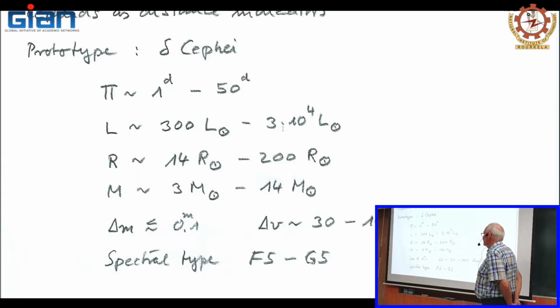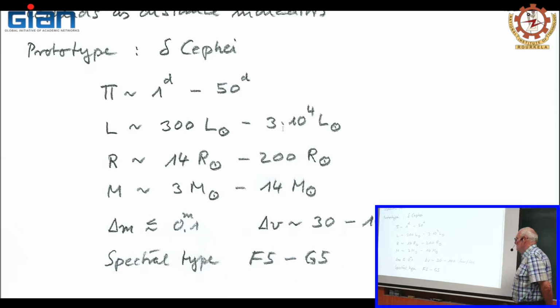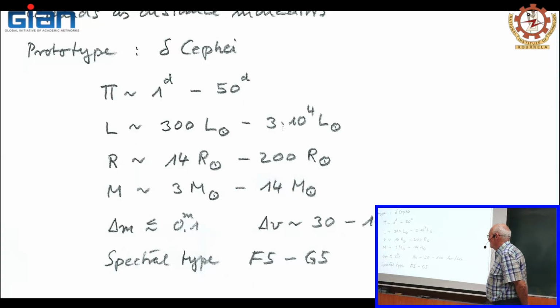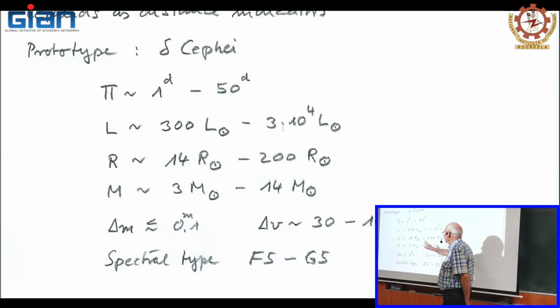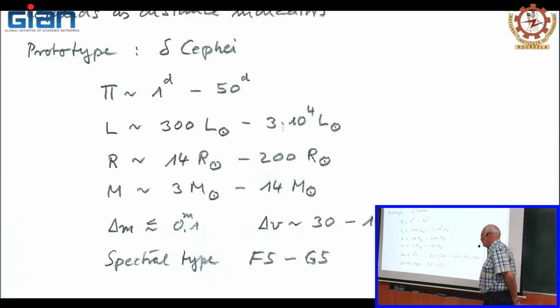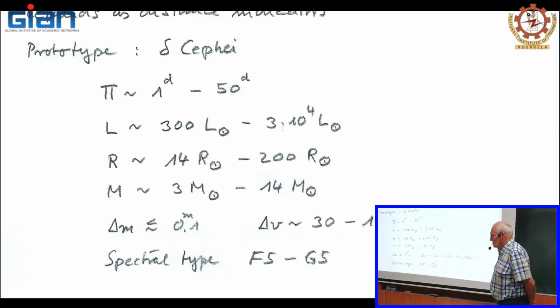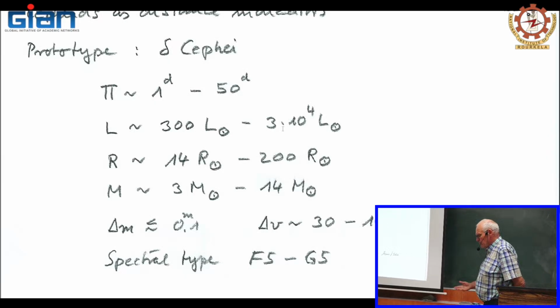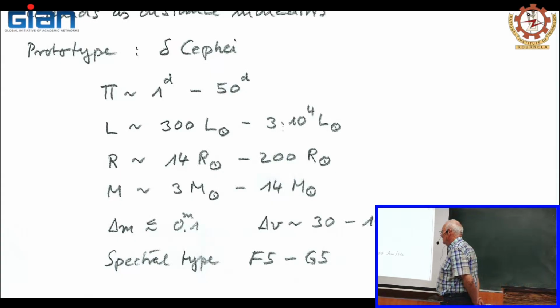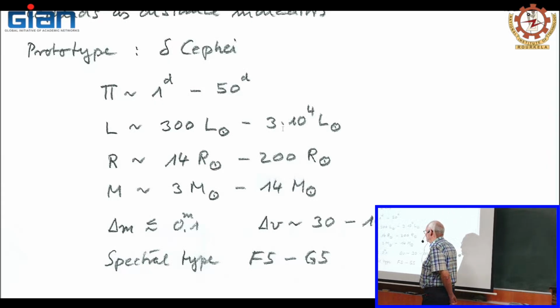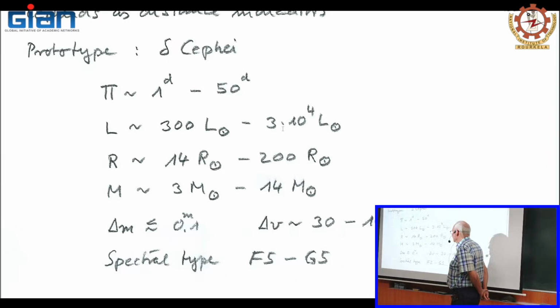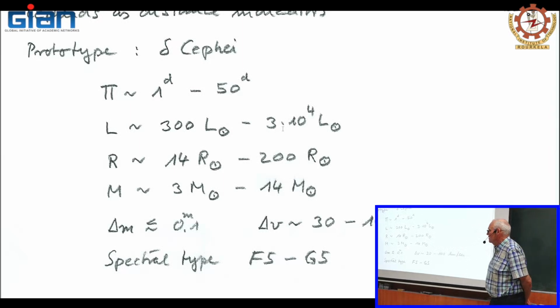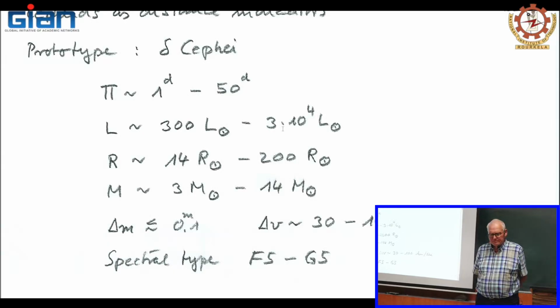The Delta Cepheids are very bright stars, so we can see them at very large distances, because they have luminosities between 300 and 3 times 10 to the 4 solar luminosities. That makes them particularly useful as distance indicators. Their radii range between 14 and 200 solar radii, and their mass lies between 3 and 14 solar masses.